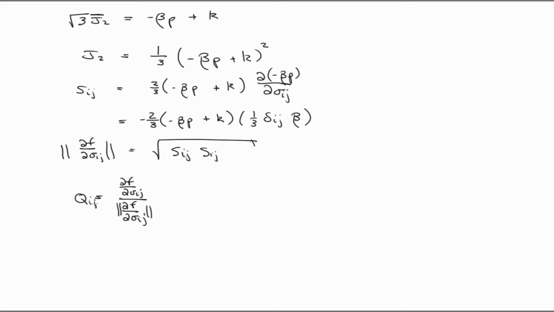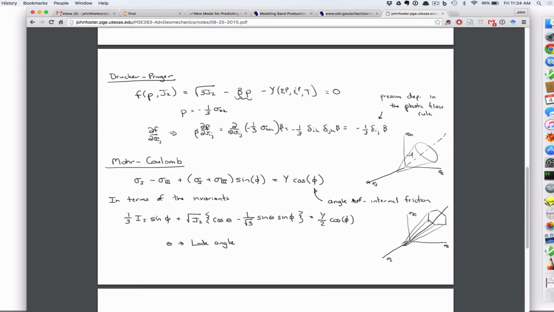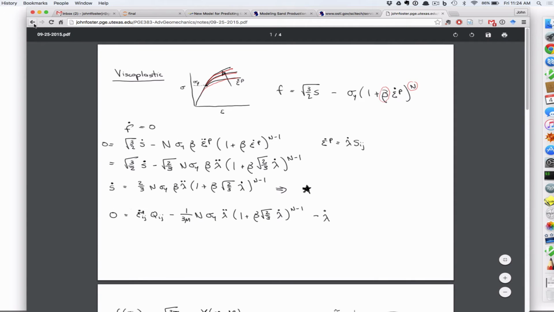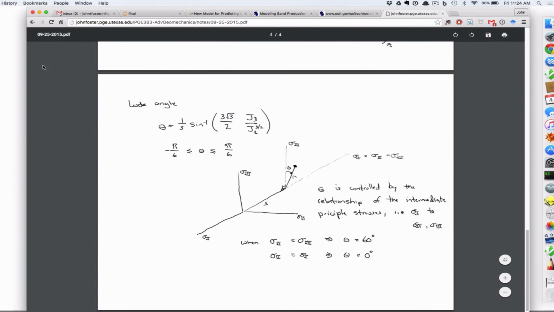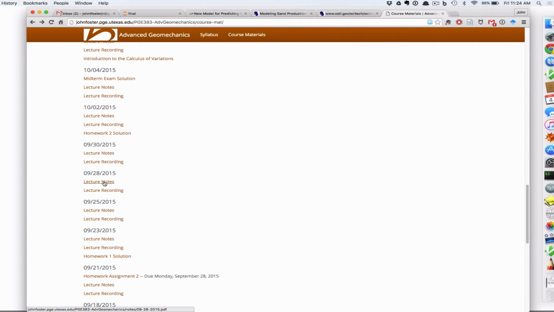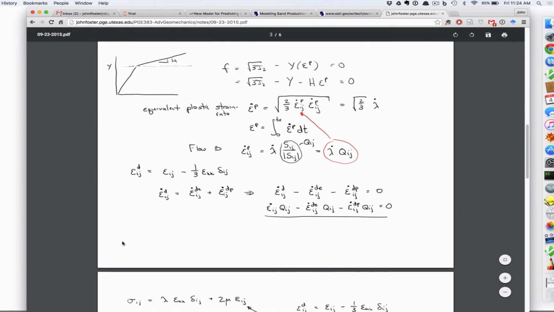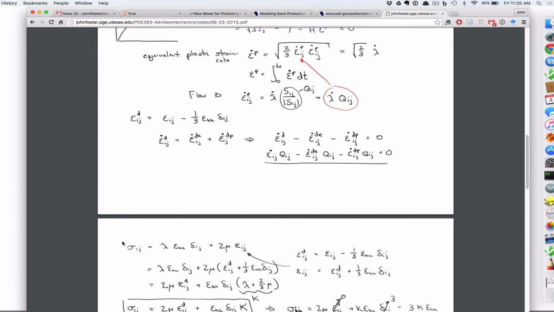And then it's back on the 23rd. So then we work through all of this, which all just comes from the additive decomposition of the strain rates, right?